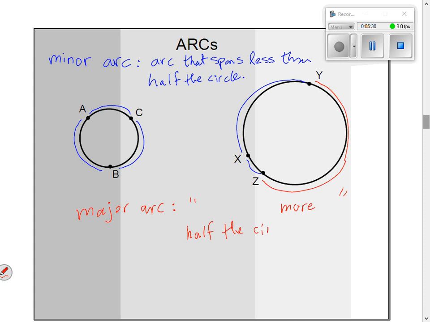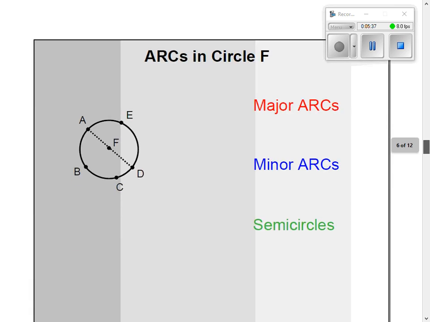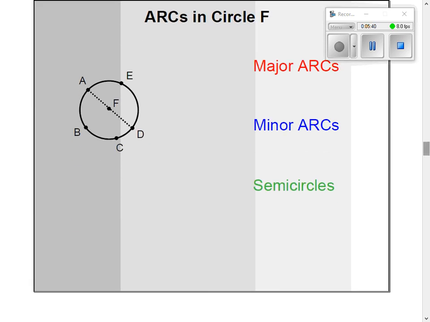And there's actually a special name for an arc that is exactly half the circle. It's called a semicircle. So a major arc would be over half, a minor arc would be less than half, and a semicircle would be exactly half.